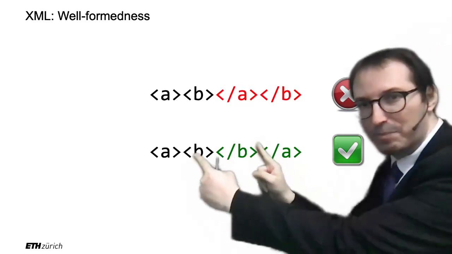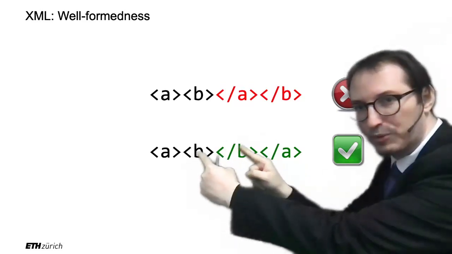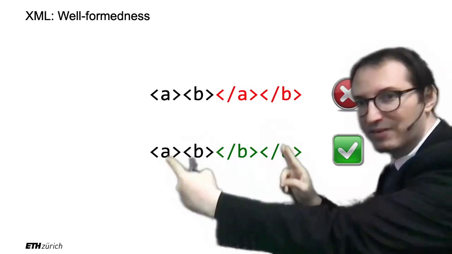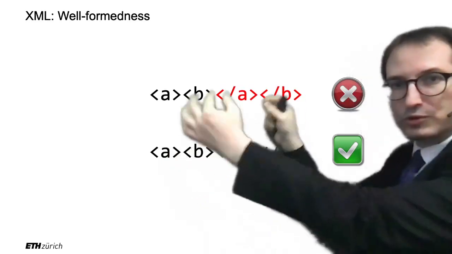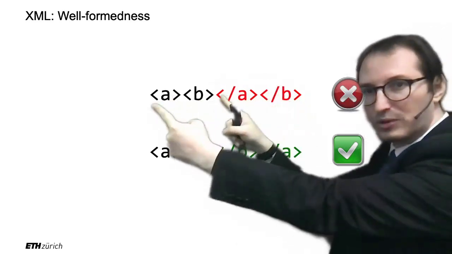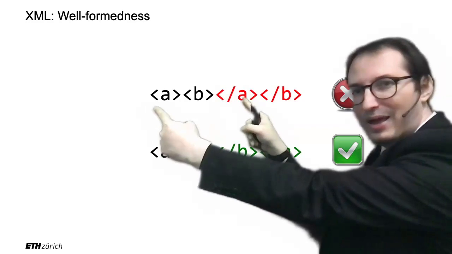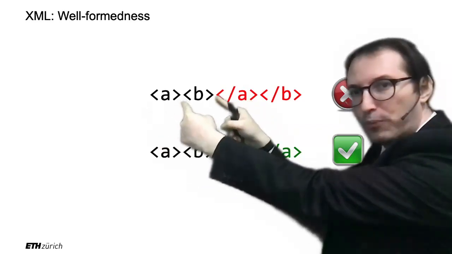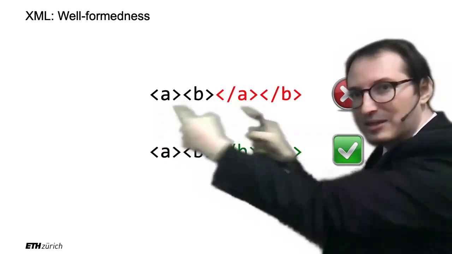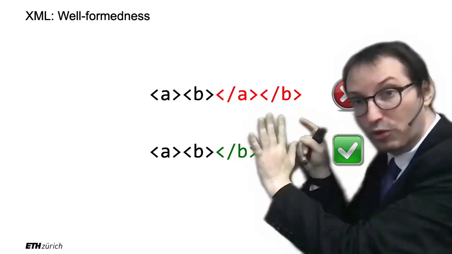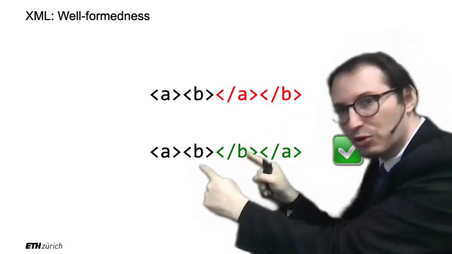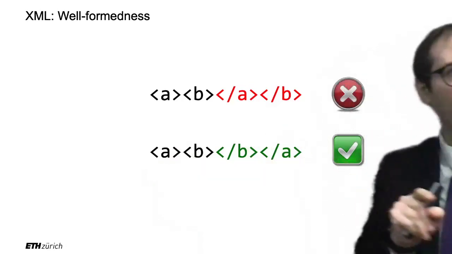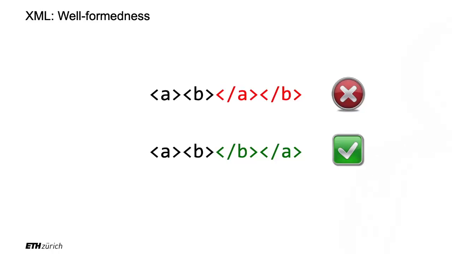So it means that B, opening and closing, must be fully inside A. You're not allowed to intertwine them. You cannot just open B inside A and that's it, and then close B outside. That's not allowed. You really have to open and close it first before you can close A, right? So think of well-parenthesized expressions, but more general.